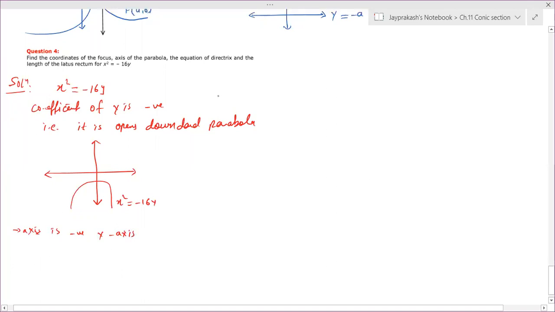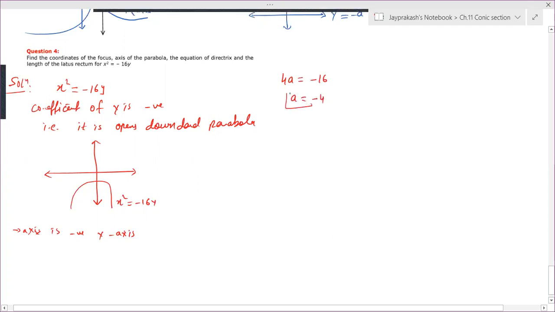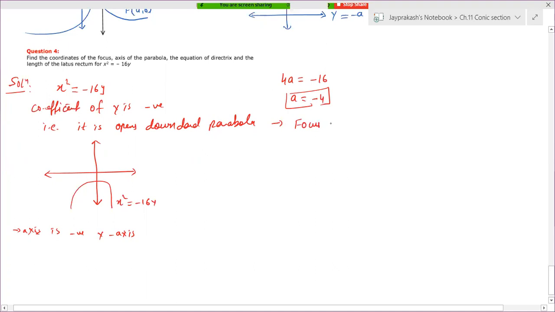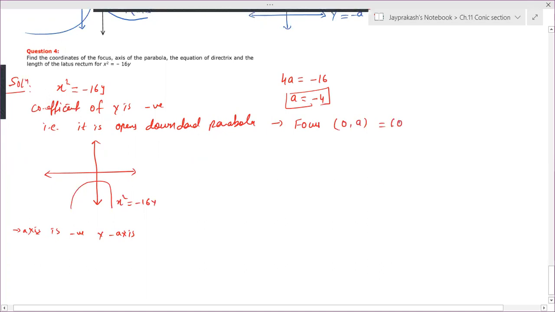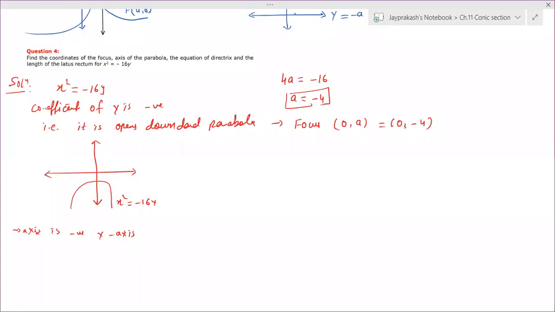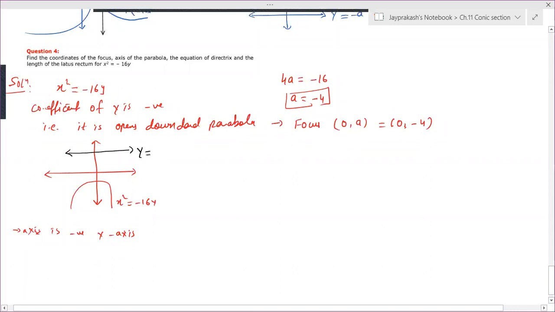Now we need to find the value of a. We have to compare with 4a is equals to minus 16, so a is equals to minus 4. So we have the focus, that is 0 comma a, so it is 0 comma minus 4. The directrix is on the positive y-axis because the parabola is on the negative y-axis. So it will be y is equals to a.